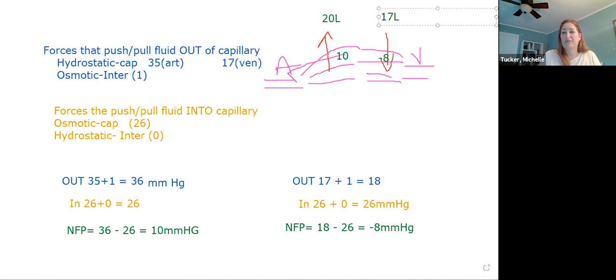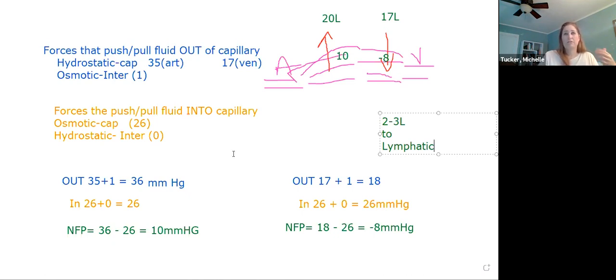Where does the other 3 liters go? They go to the lymphatic system. Okay. So it's not perfect. And that's actually good because we need flow through the lymphatic system as well.